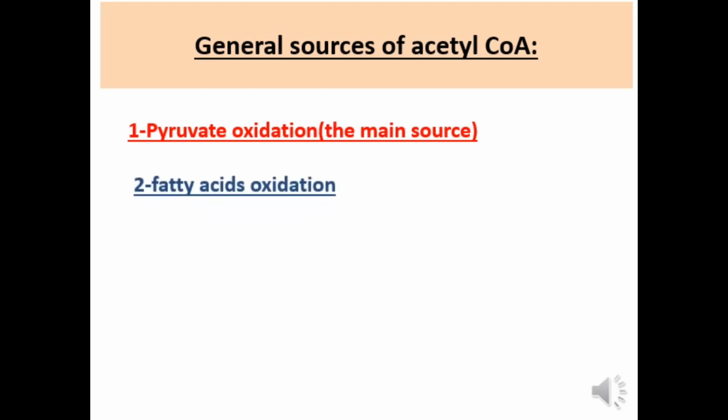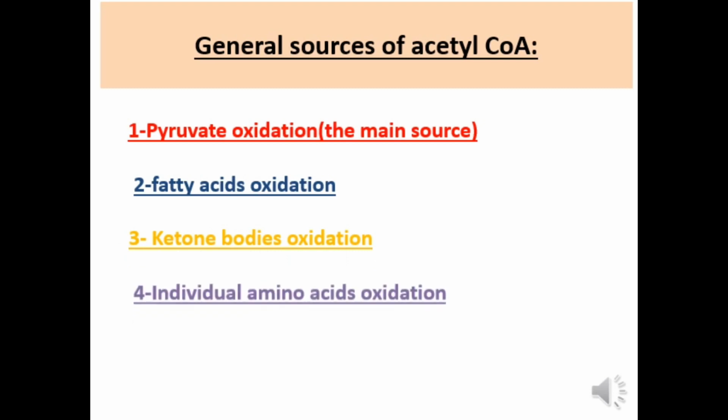Fatty acid oxidation. During the oxidation of fatty acid, there is the production of acetyl-CoA. Ketone bodies oxidation, individual amino acid oxidation, those known as ketogenic amino acids, and ethanol oxidation.